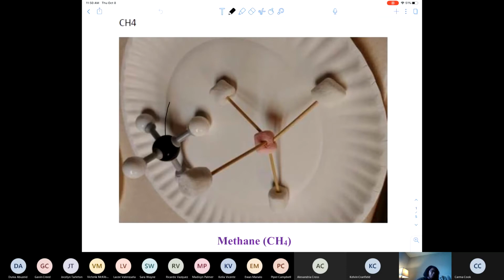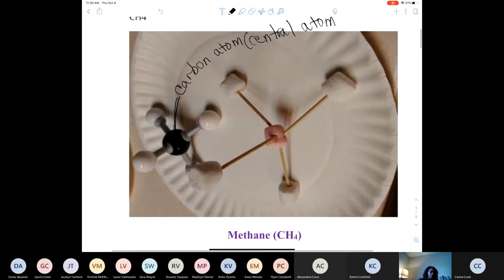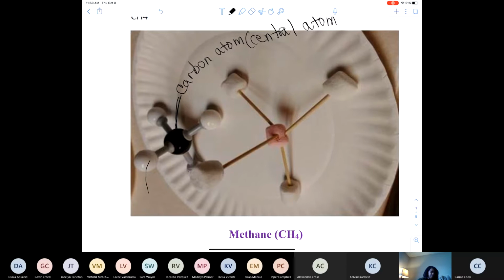In the ball and stick model, the black sphere is our carbon atom, our central atom. The 4 white balls, and that marshmallow is hiding the 4th ball there in our ball and stick model, are your hydrogen atoms. And the sticks between them all represent your single covalent bonds.